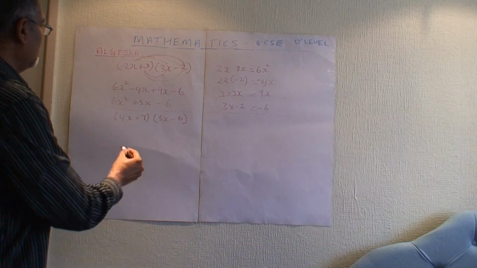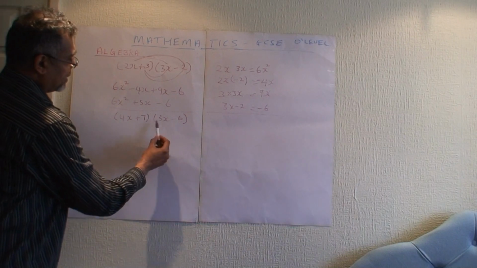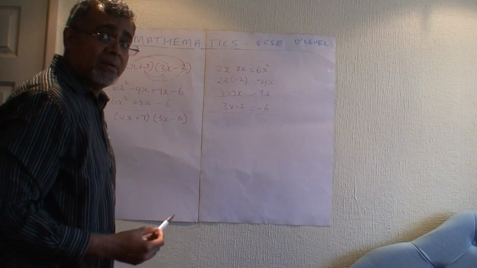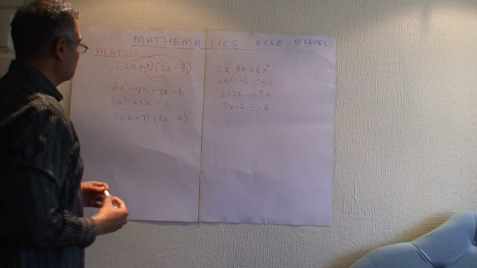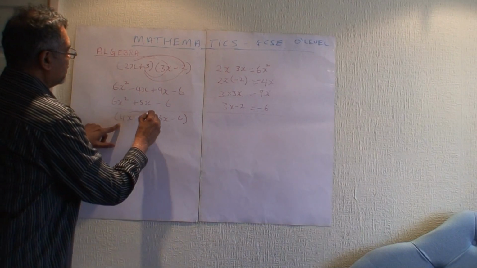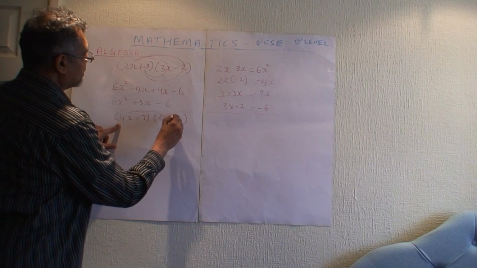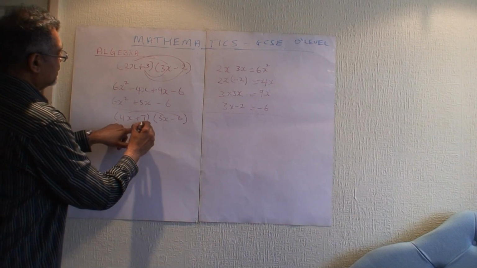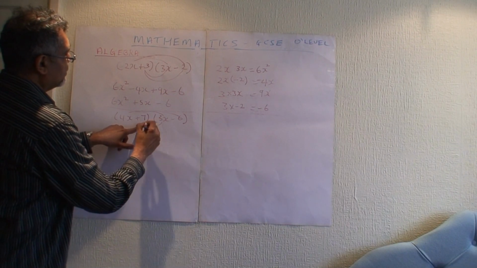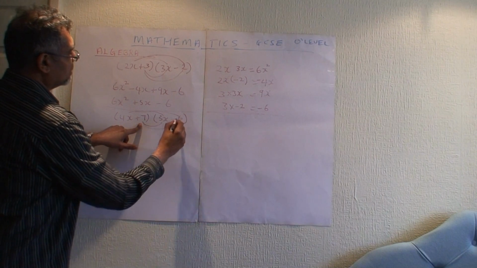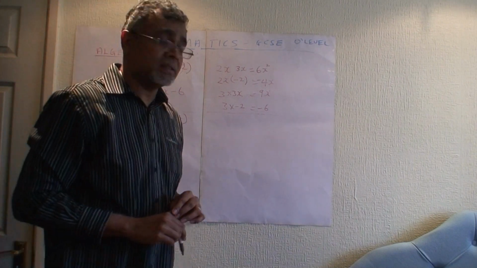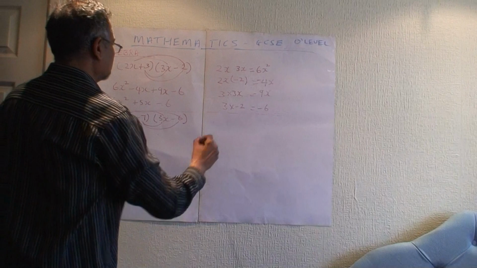So again, we multiply each of these by each of these in the other bracket. Again, the 4x will multiply by 3x, the 4x will multiply by the minus 6, 7 will multiply by 3x, and 7 will also multiply by the minus 6. Okay, so we'll do that.